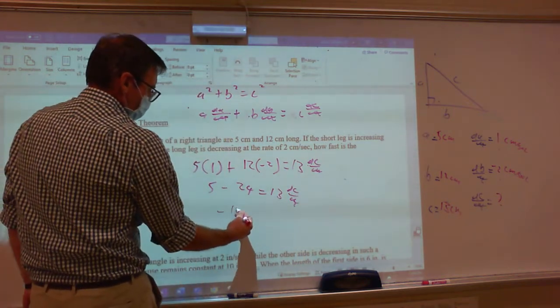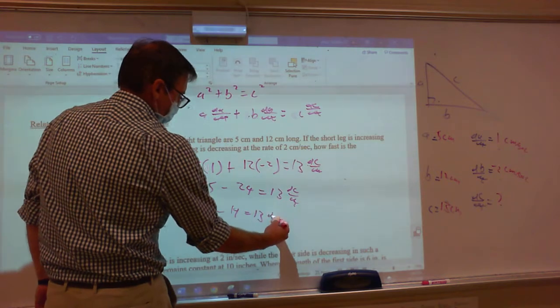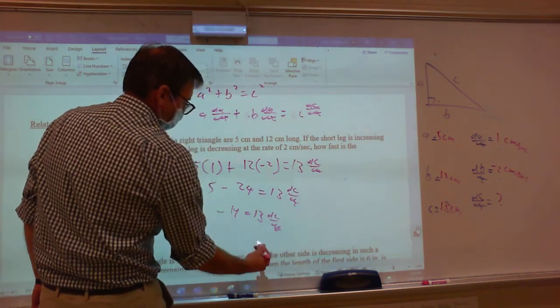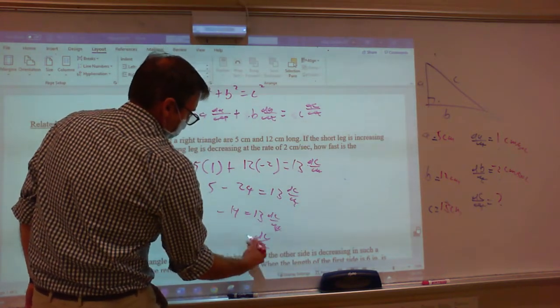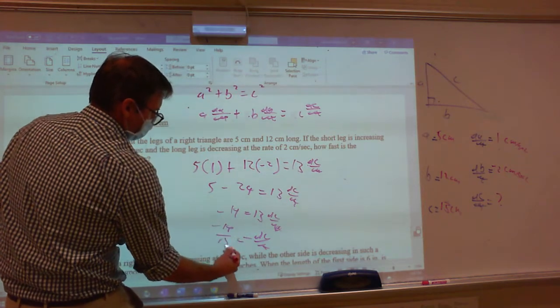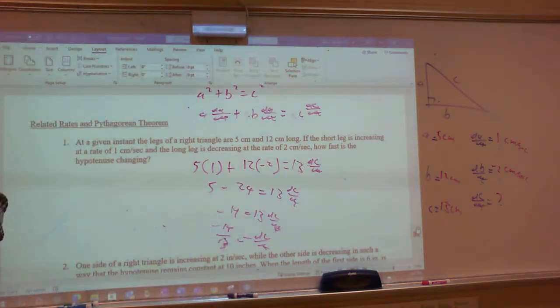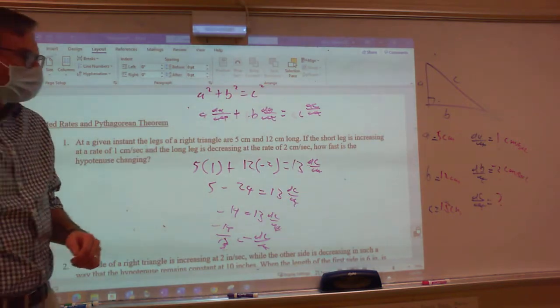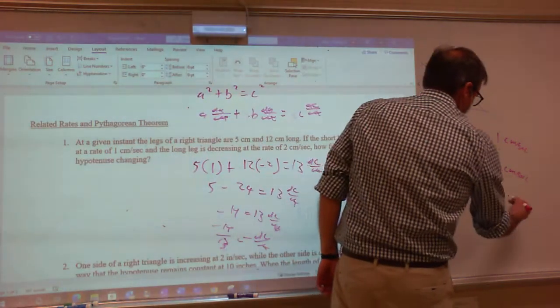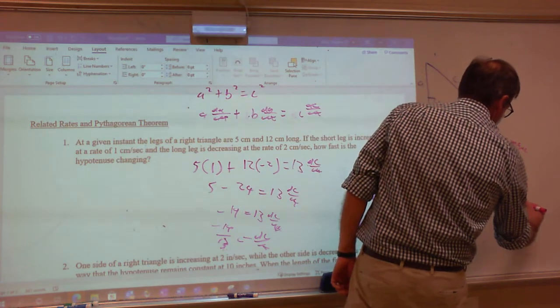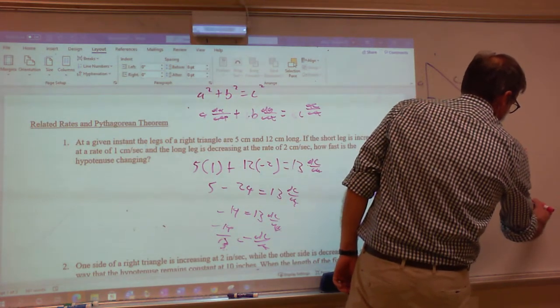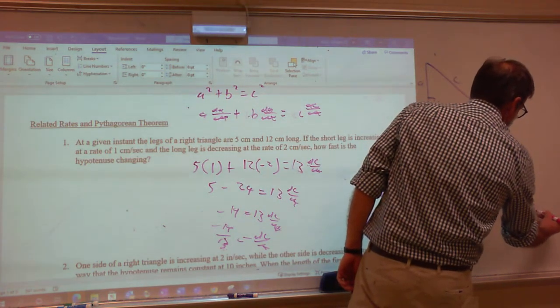So negative 19 is equal to 13 dC dt. And so dC dt is equal to negative 19 over 13. Hopefully my math is a little better than it was second period. And so we just found out this is negative 19 over 13. The units are going to be centimeters per second.